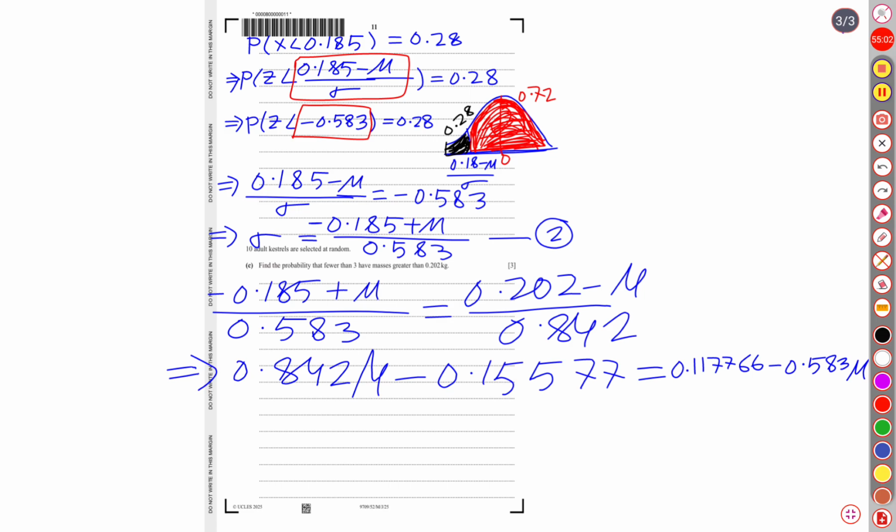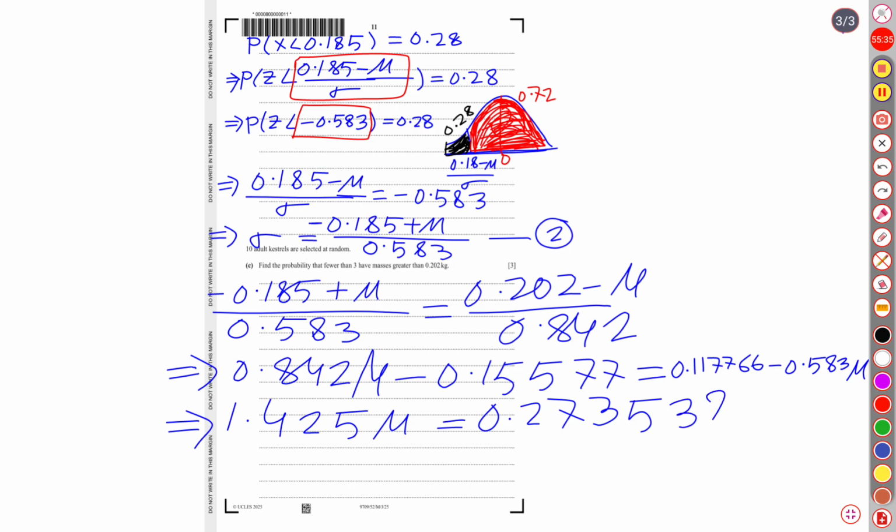So if we add up all the mu's, it is going to be 0.842 mu plus 0.583 mu. It is going to be 1.425 mu. 1.425 mu is equal to, if we add up the other quantities, 0.273538.